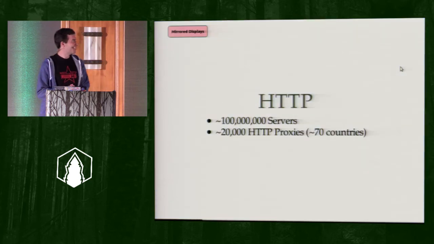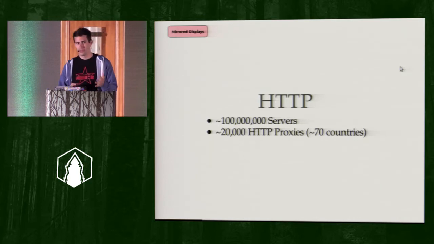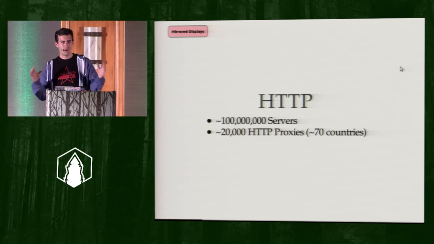The other thing that we use is HTTP, so we're going to try and resolve favicons and make sure that some server is actually the server we think it is. There's actually on the order of 100 million IPs out of the 4 billion total space of IPs that are running web servers. So you've got like 2%, something like that, of all IPs are actually running web servers, which is pretty cool.